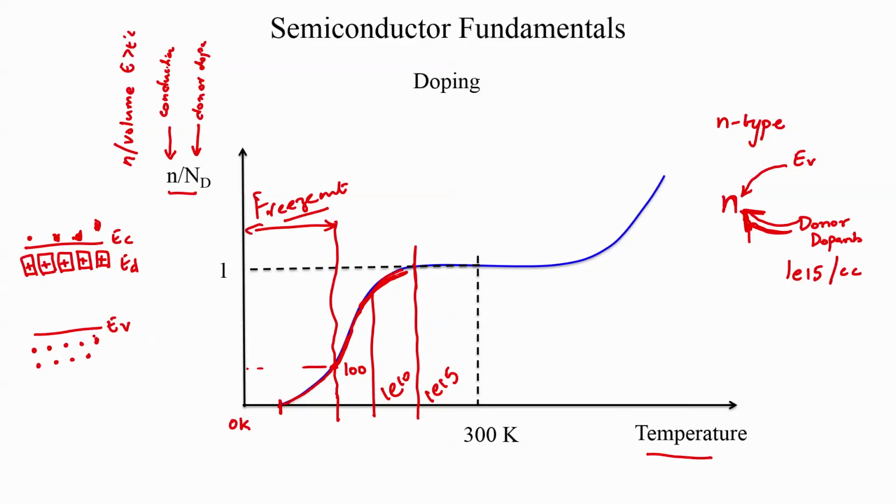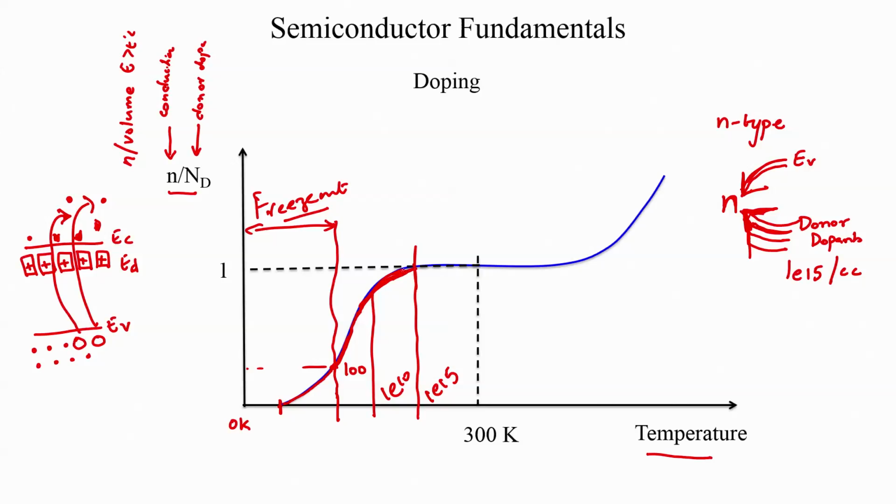Now, since the temperature is large enough at this point, you will start seeing a significant contribution from the valence band. So, there will be holes left behind and there will be some electrons that migrated from the valence band to the conduction band. As the temperature increases, this contribution will increase dramatically, it will be much larger.